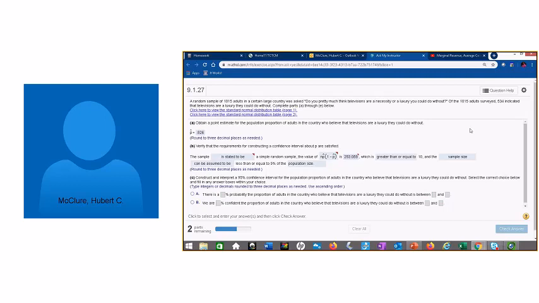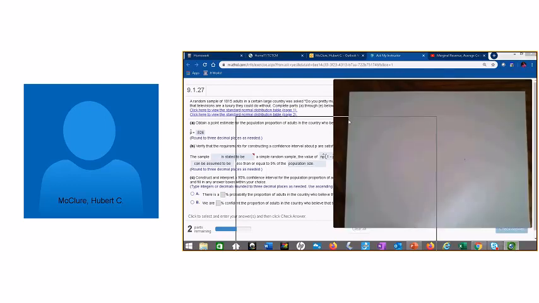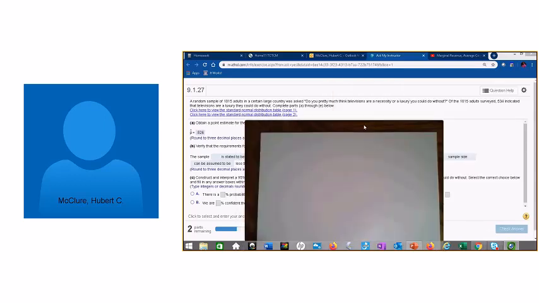Okay, this one says a random sample, and I'm just going to go ahead and put this right below the question. A random sample of 1,015 adults in a certain large country was asked, do you pretty much think blah, blah, blah. Of the 1,015, okay, there's p hat.